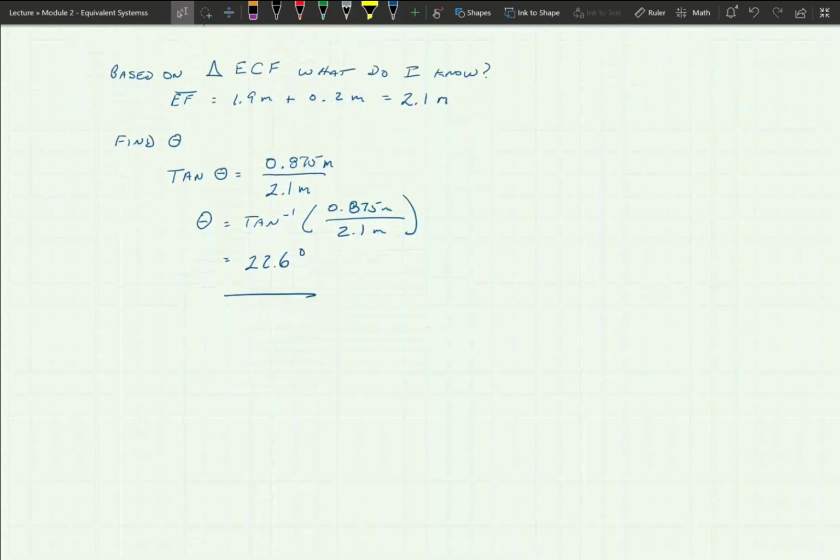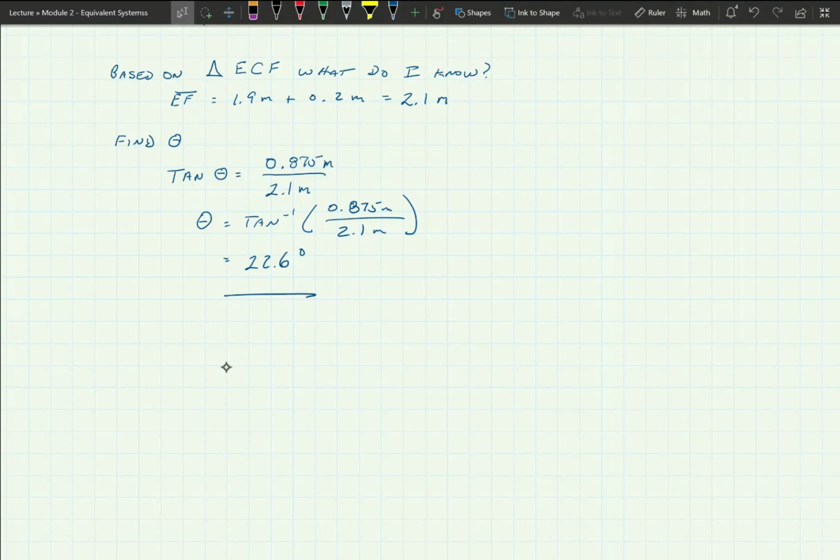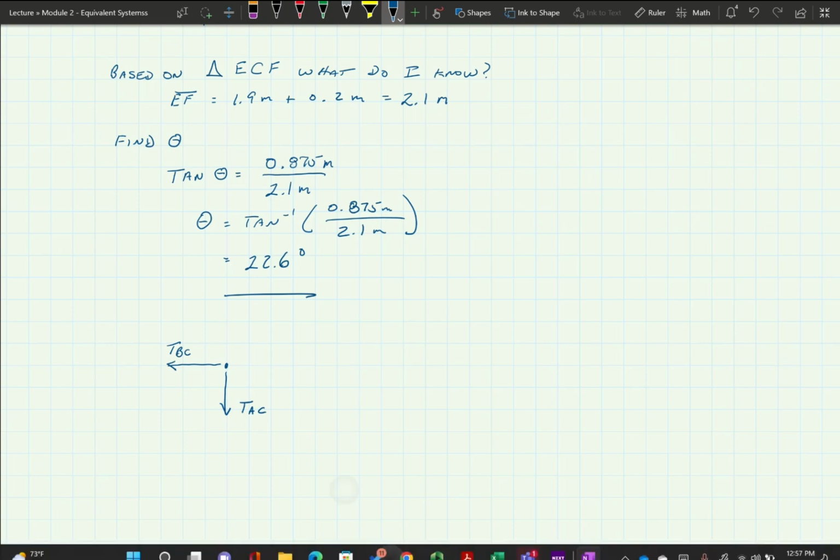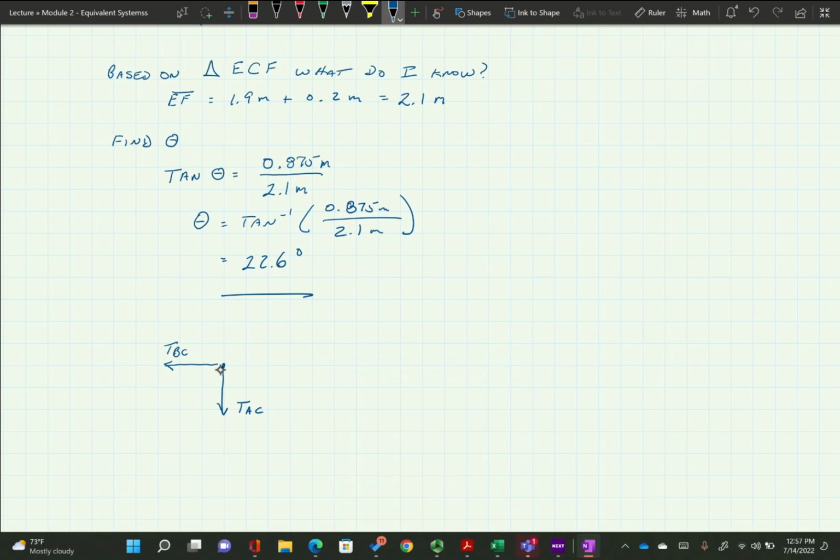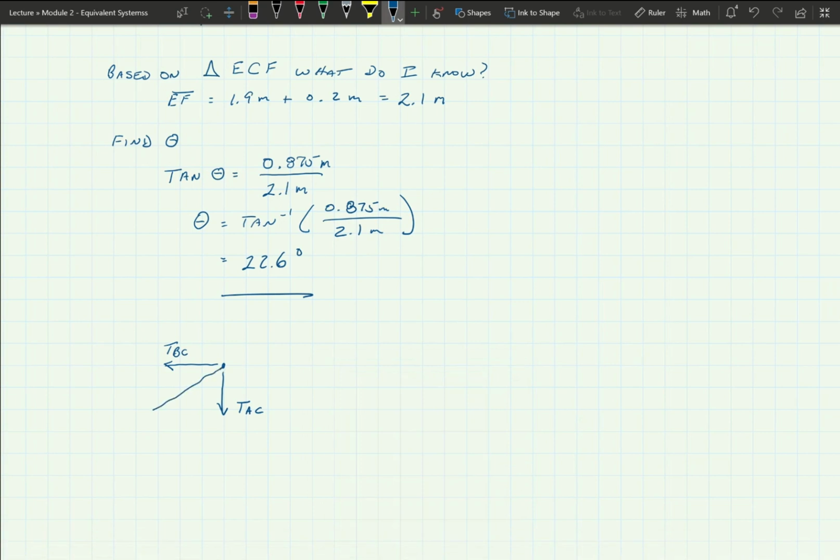Go back to some geometry. So if I have a point here, and I have T, BC here, and I have T, AC there. All right, and then I come back down this way.